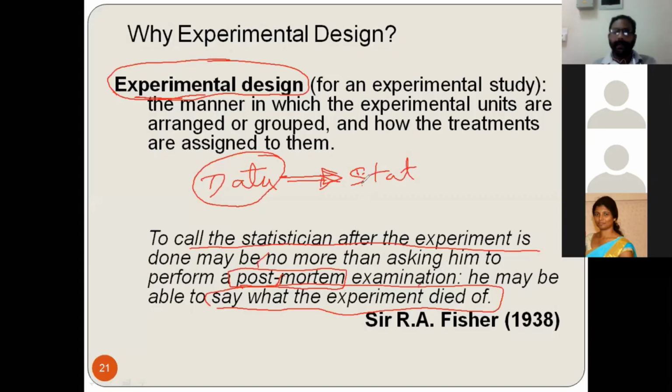The statistician will tell you what mistakes you have made, that you could have collected the data in a proper way, so due to that your data is not good. He may say why this experiment failed. That's all the statistician can say.